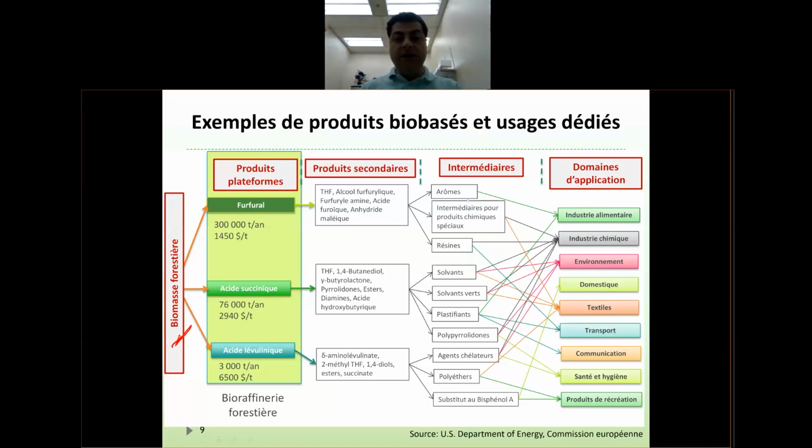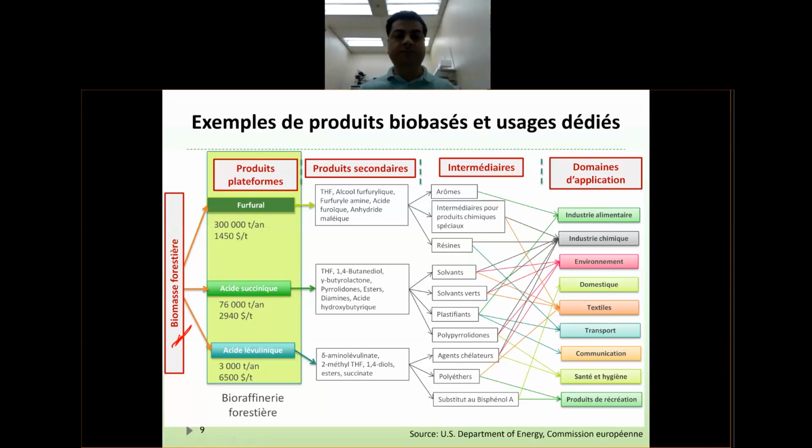And by a combination of these intermediates, you make a lot of final products for different sectors. For example, food industry, chemical industry, environment, domestics, textiles, transportation, communication, health, and many more.